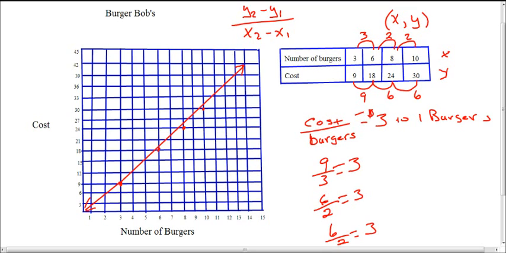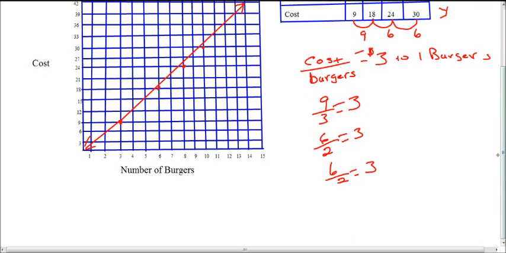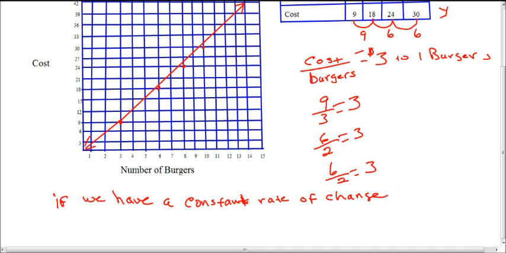So here's what we can say just by looking at the table and the graph. Let me write this down. From what we've seen, we can make a conjecture and say, if we have a constant rate of change when we graph, we will have a straight line.